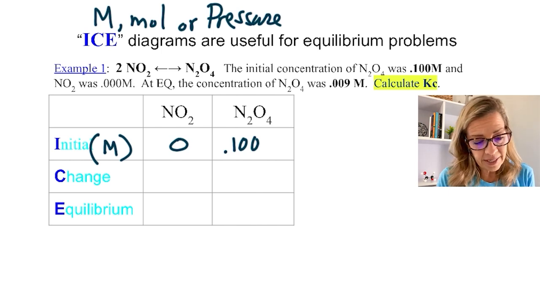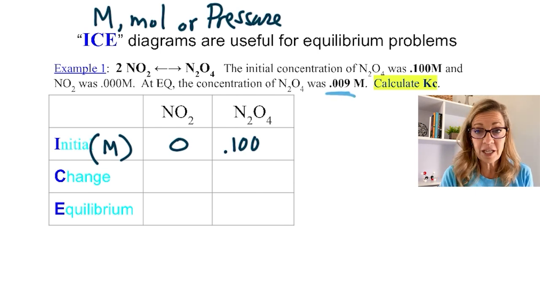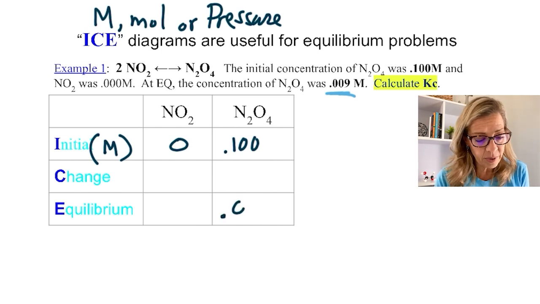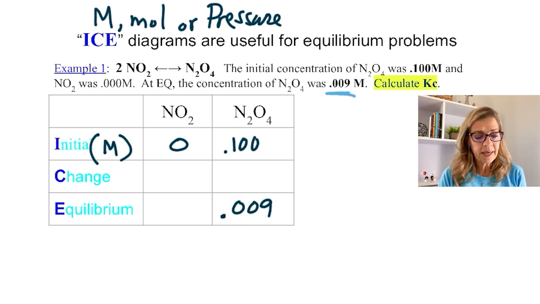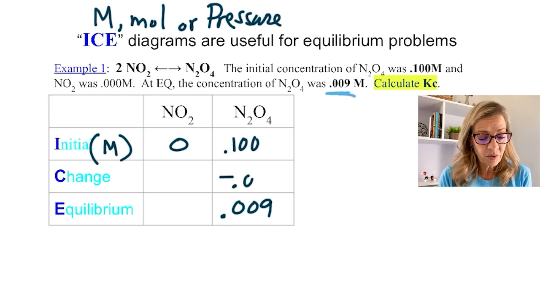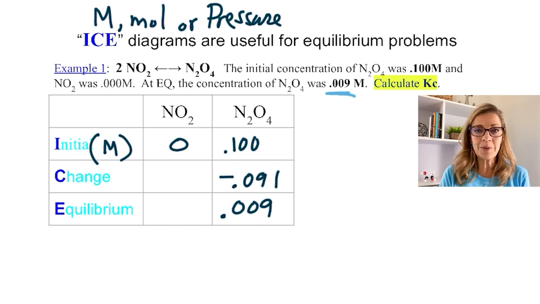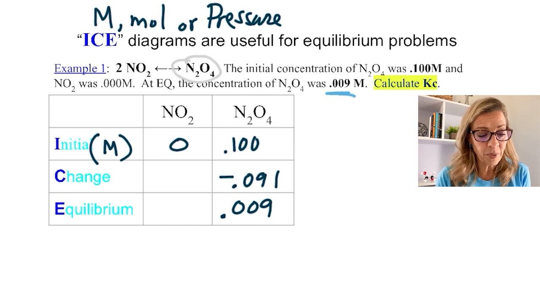Now the other piece given is that the N2O4 at equilibrium is 0.009. So I'm going to write that in my table. Now the middle row is for change. What has happened? Well, we went from 0.1 to 0.009, so the change is, you subtract the two, we went down by 0.091. Now, when the N2O4 goes down by 0.091, what happens?